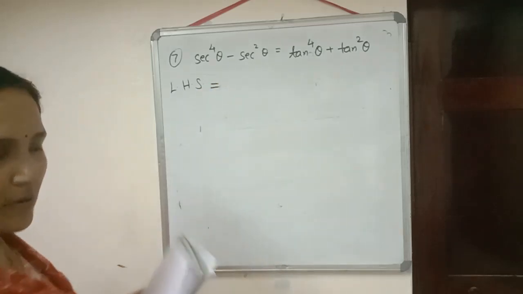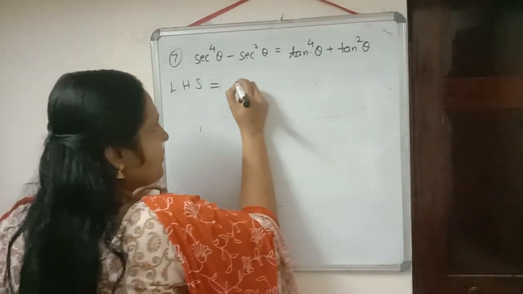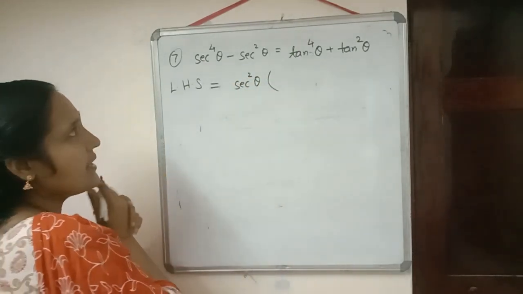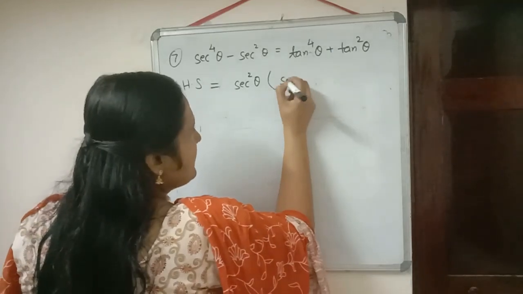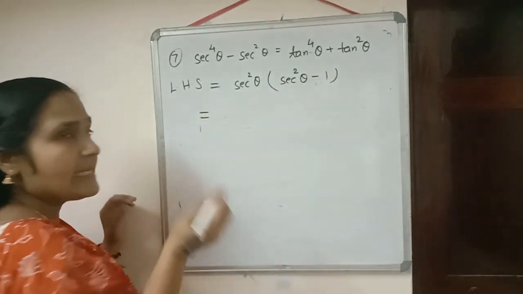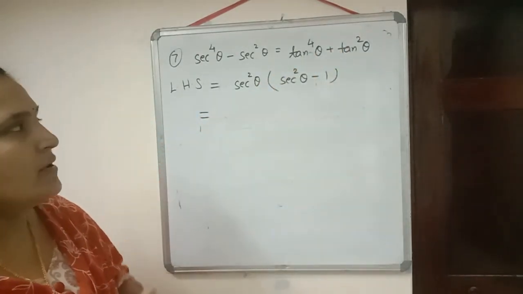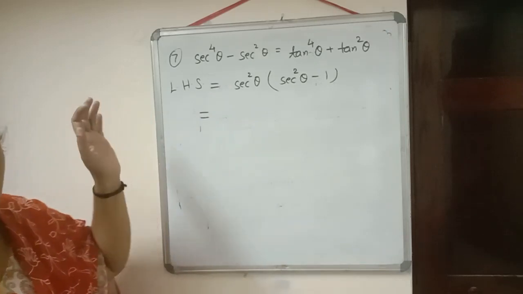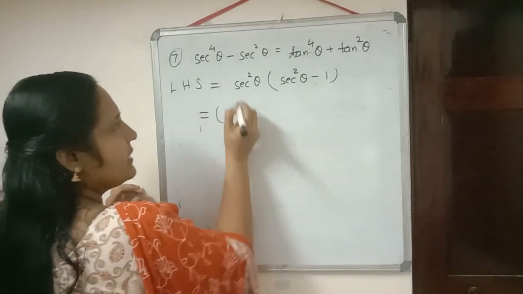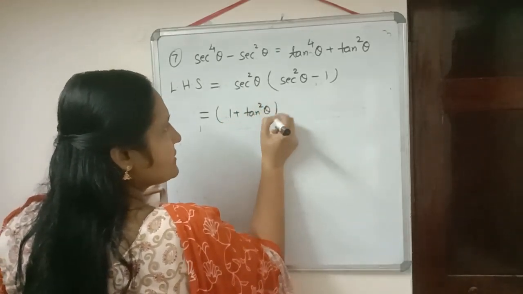Anything which we can take common in left hand side? Yes, we can take sec square theta common. So taken sec square theta outside. Inside the bracket what will remain here? Sec square theta minus 1. But in our right hand side we want the term related to tan theta only. So we are going to convert now sec square theta in terms of tan square theta. How can we rewrite sec square theta? Yes, correct, 1 plus tan square theta.